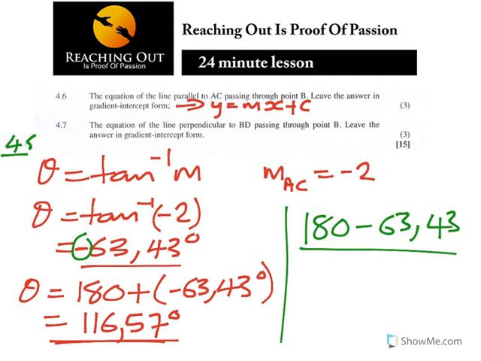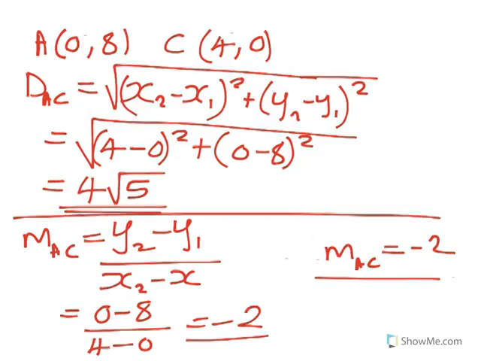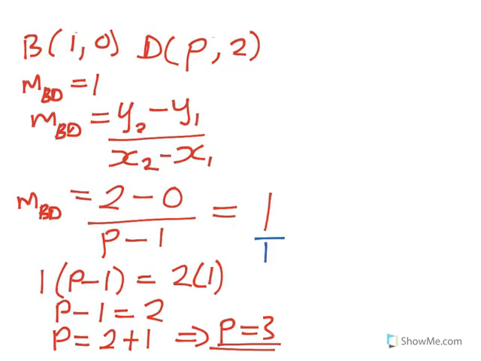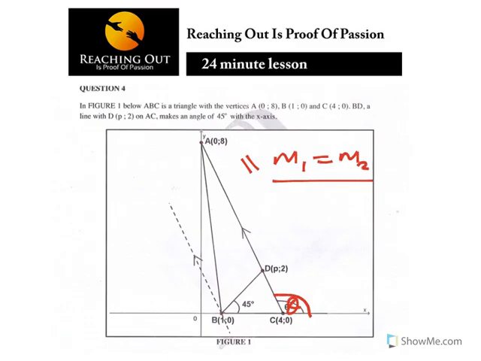The next one, 4.7, says the equation of a line perpendicular to BD passing through point B, leave the answer in gradient intercept form. Now, there is something that they are bringing again about BD. What we noticed with BD is that we know the gradient of BD.